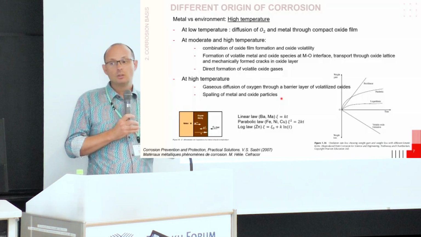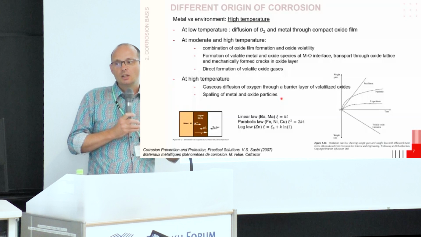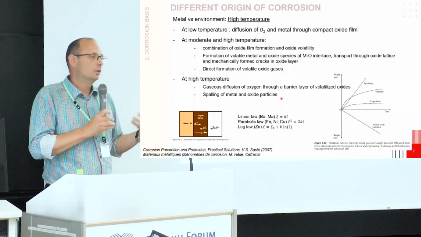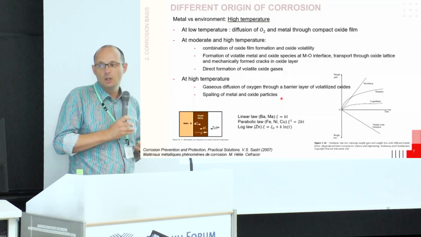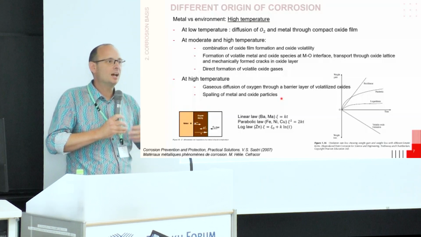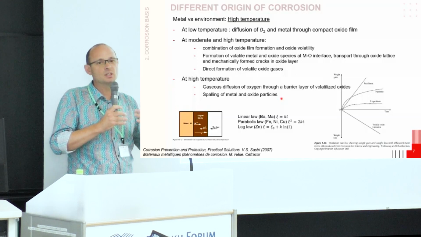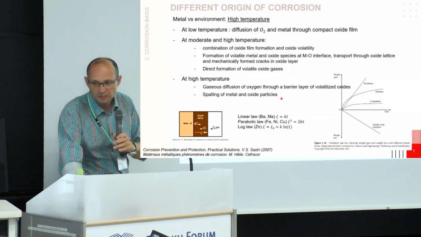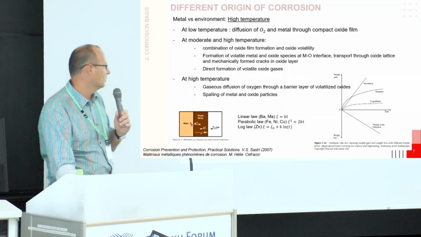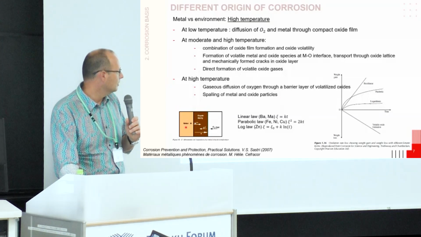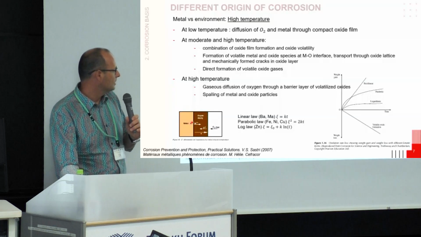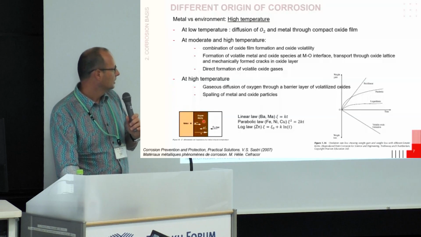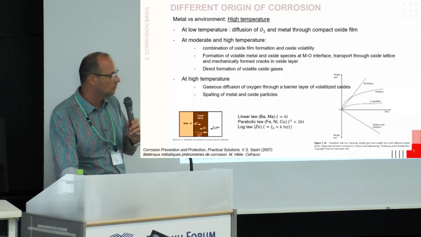If we work at low temperature, we will have a slow diffusion of oxygen in the metal, and we will have a compact oxide layer. We have time to reorganize atoms at the interface. So the idea is this small schematic: I have the oxide, the metal, and oxygen gas comes to the metal, goes into the oxide, and you create an interface.